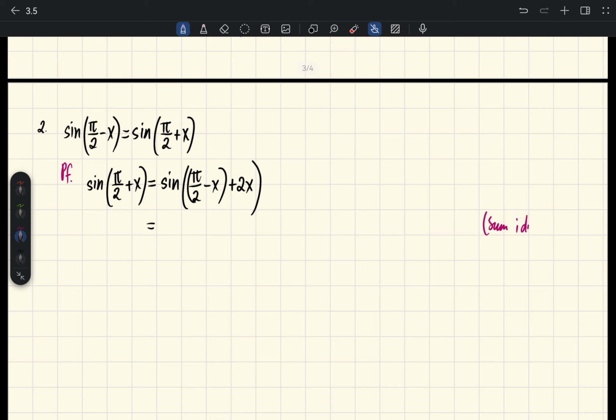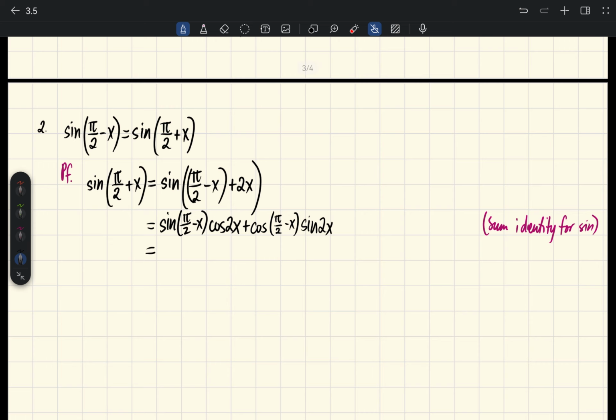We get sine of pi over 2 minus x times cosine, then since you have a plus here, we will put a plus here: cosine of pi over 2 minus x times sine of 2x.